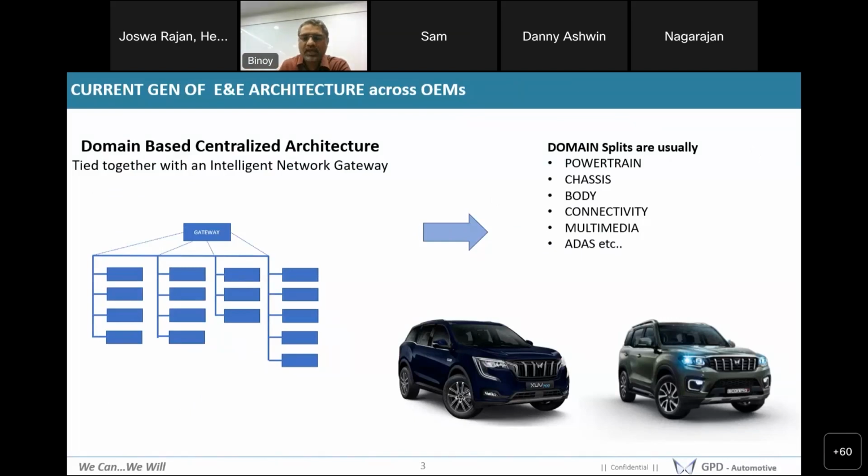So braking will have one ECU, the instrument cluster will have an ECU, the air conditioning controller will have one ECU, and all of them will talk over CAN, and we group them by domain: powertrain domain, chassis domain, multimedia domain, autonomous domain, and things like that. So this is what we have from Mahindra's perspective. Those two pictures, you are aware of what they are. Those two cars have this architecture. That's what we have today.